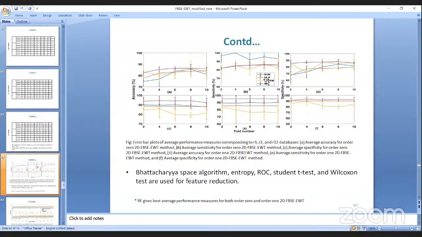These are based on four classifiers: support vector machine, multi-layer perceptron, least square support vector machine, and random forest. We also studied the Bhattacharya space algorithm, entropy, receiver operating characteristics (ROC), student t-test, and Wilcoxon test for the feature reduction process.